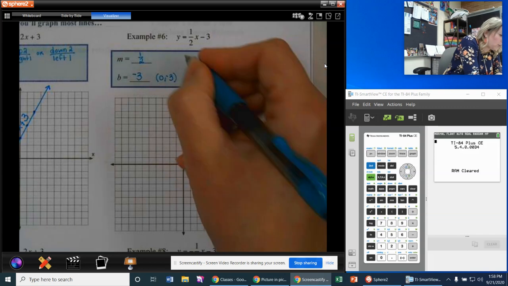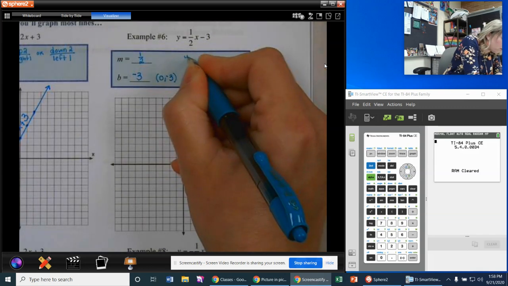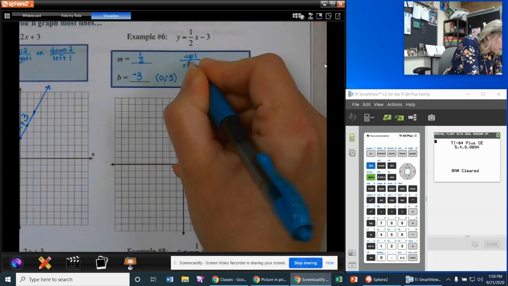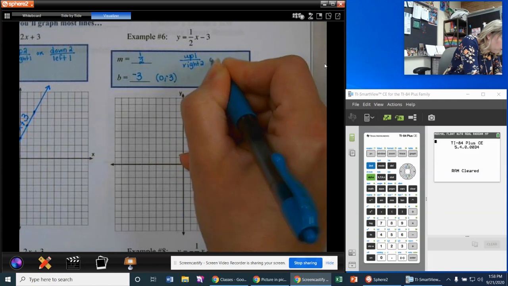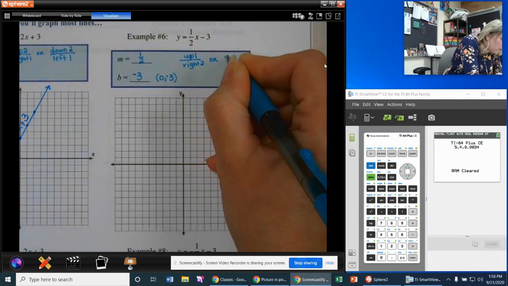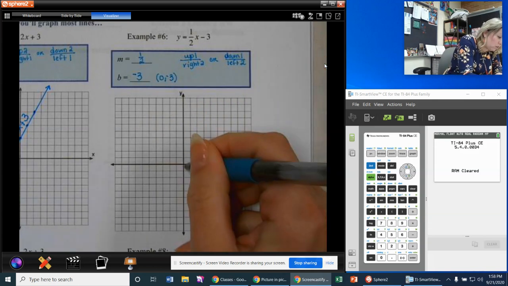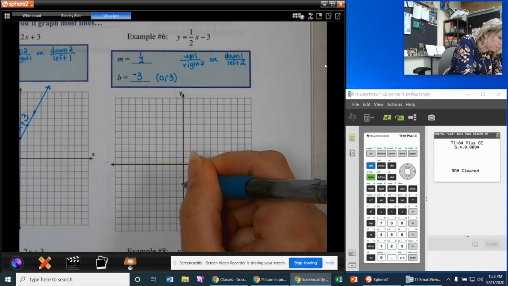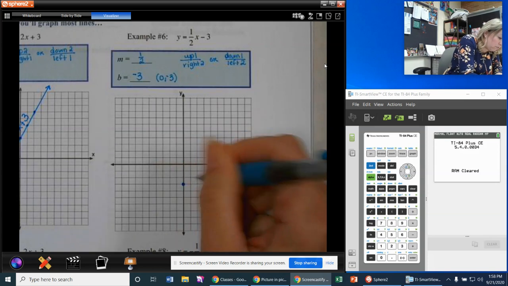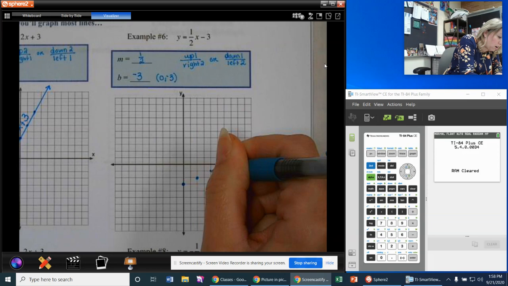And my slope is indicating I go up 1, right 2, or down 1, left 2. So from 0, negative 3, up 1, right 2, up 1, right 2, up 1, right 2.